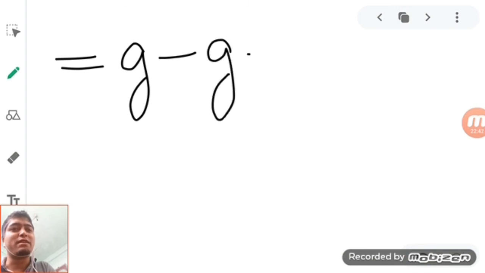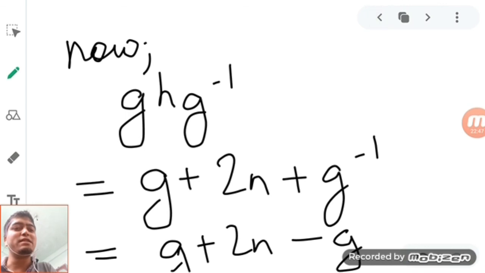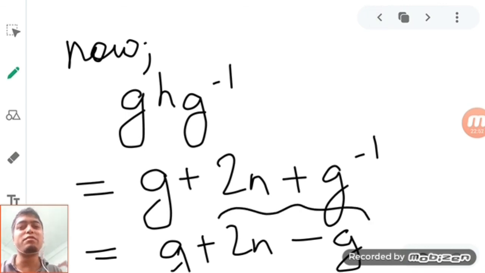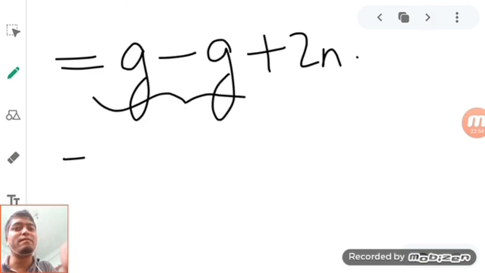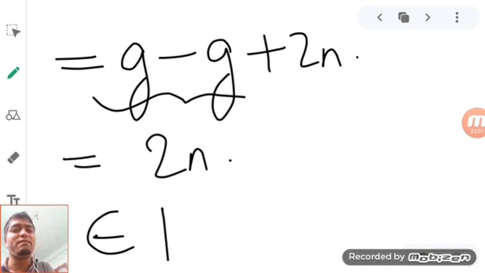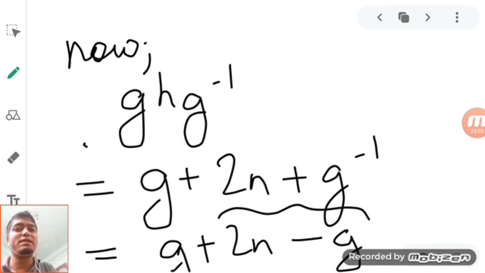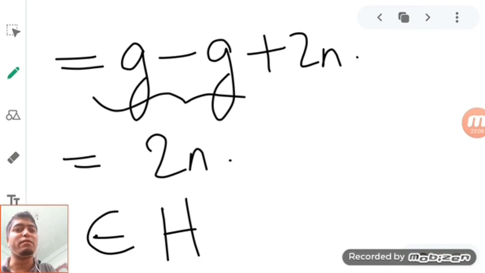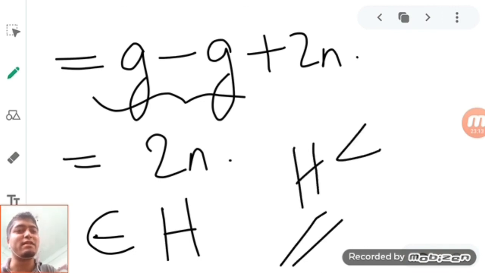We can first write it down in this way, and we can interchange this and this because the group is abelian. g minus g will give you 0, so you will be left with 2n. It's stating that g h g inverse is equal to a multiple of 2, so that's why it belongs to H. So with this we are getting that H is a normal subgroup of G.